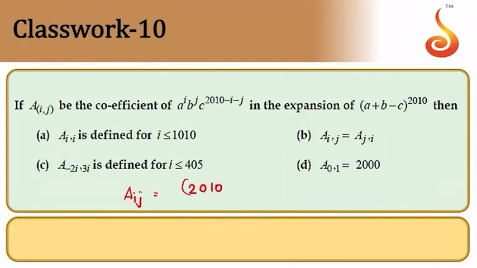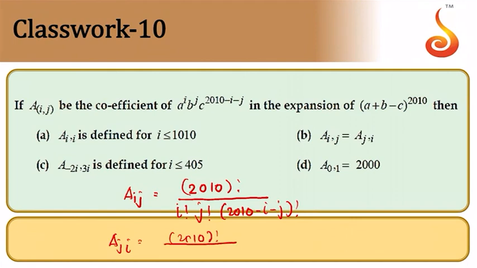Example 10. Aij be the coefficient of a to the i, b to the j, c to the 2010 minus i minus j in the expansion of a plus b plus c to the power 2010. Then what is asked? So Aij will give you 2010 factorial divided by i factorial, j factorial, and 2010 minus i minus j factorial.